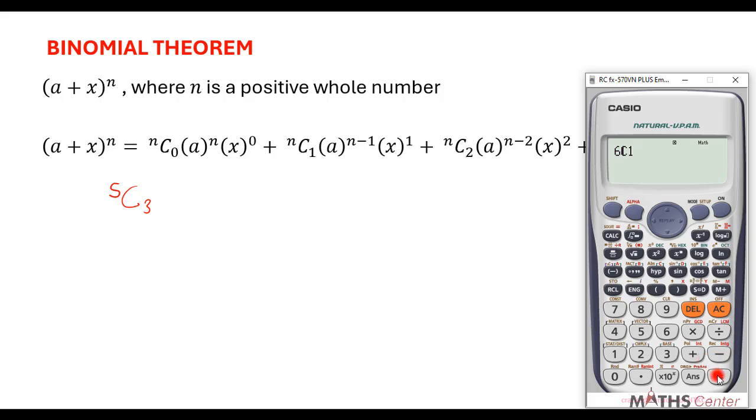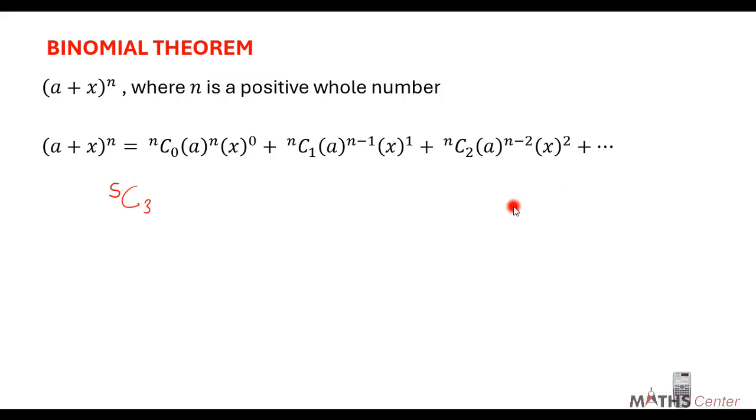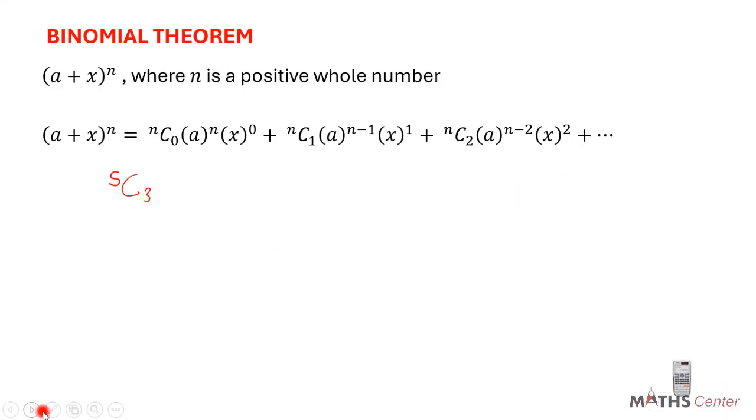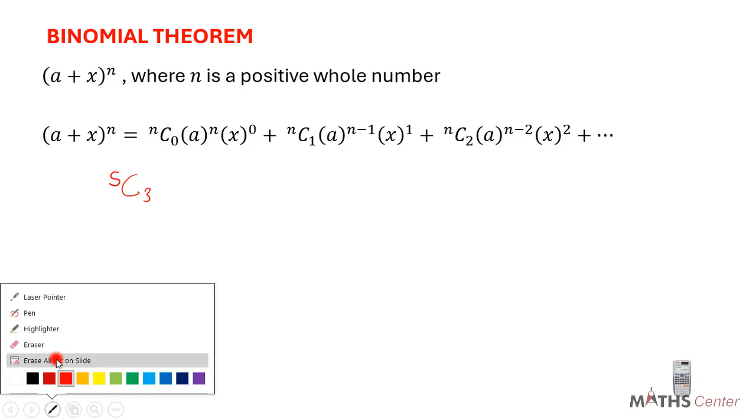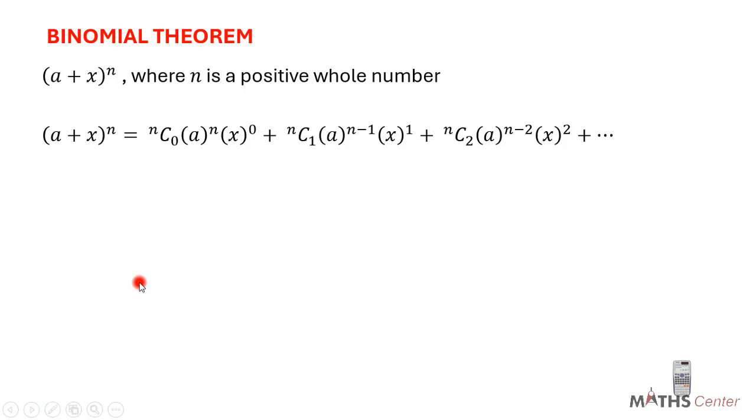Then you hit equal to, and that gives you the answer. So here 6 combination 1 is 6. So this is how to find the combinations that you have in the binomial theorem. Now let's go ahead and use the binomial theorem to solve some questions. We are going to use it to expand some binomial expressions.